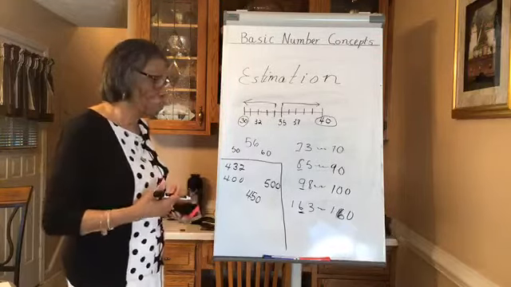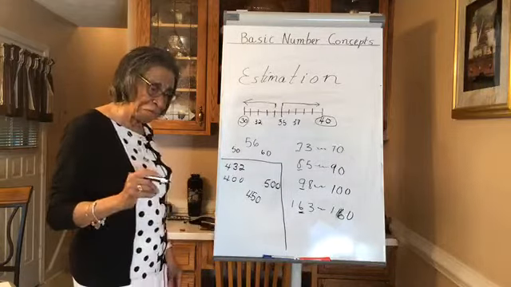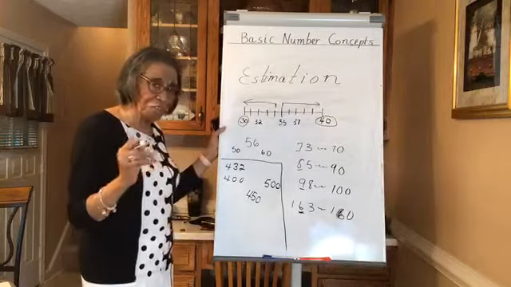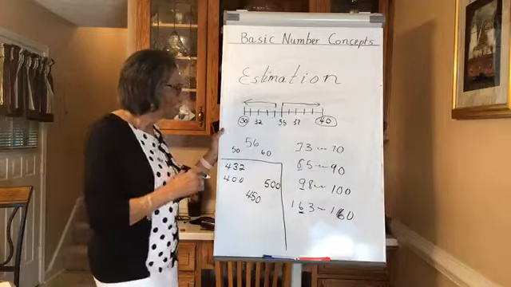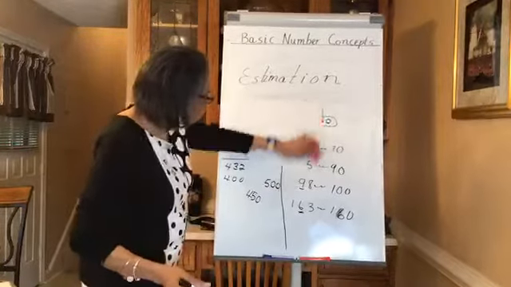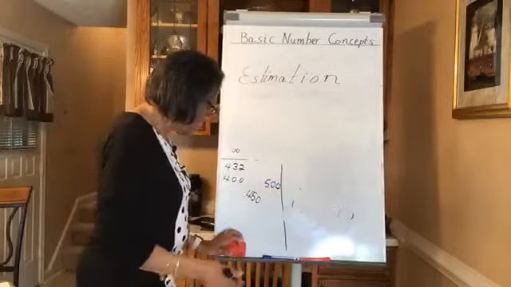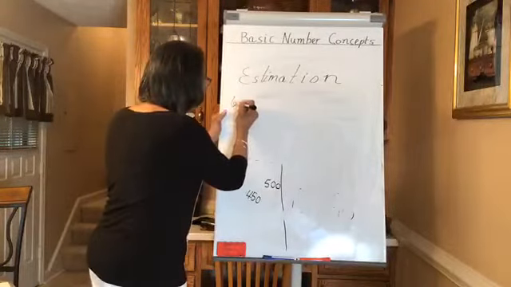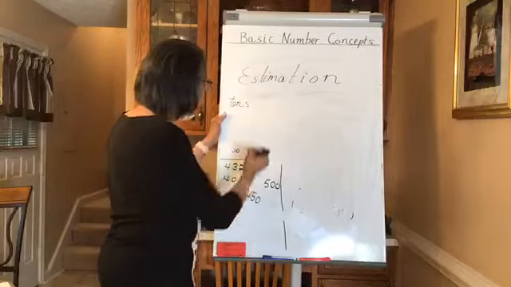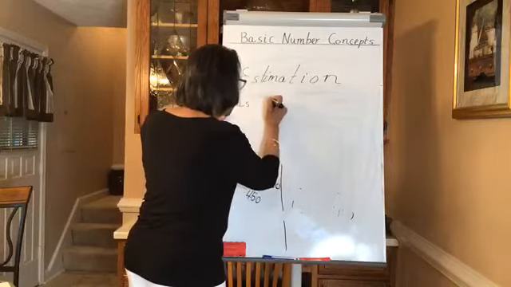So I didn't want to give you a rule. But when you're rounding off to a certain place, you look at the digit next to it. So if I'm rounding off to tens, then that means I'm going to have tens and ones.